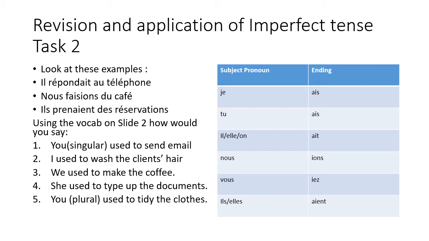So you would need to work out what the nous form would be, remove the ONS, and then use this table to help you put on the right ending for who it is that you're talking about. So revising, making sure that you know what each of your subject pronouns mean as well. Okay, you've got lots of notes on this in various different jotters, so look back. If you're unsure, this is something that you can ask me about when we have the live check-in on Friday.